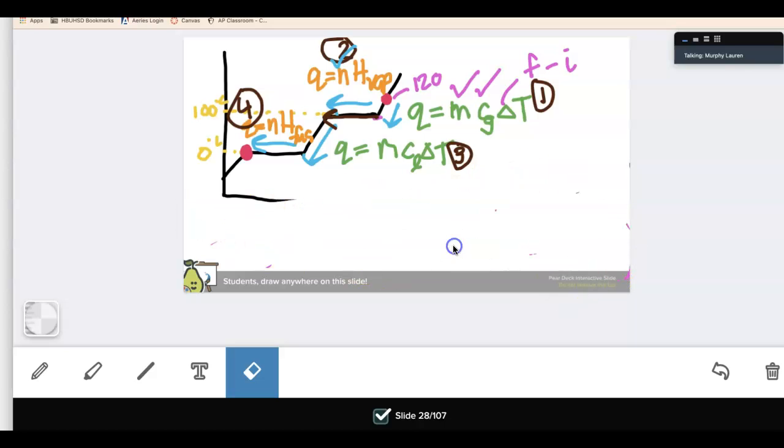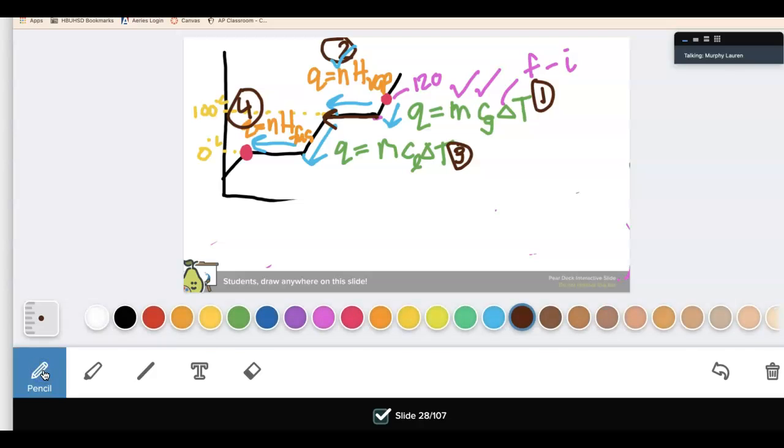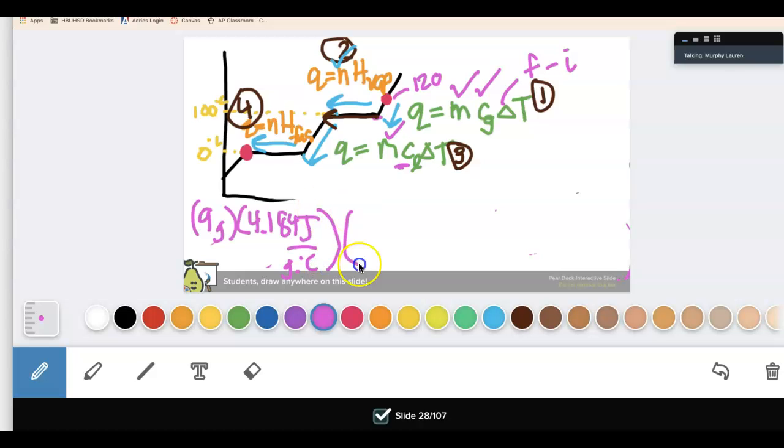So we're going to work on equation 3 right now. So 3 is mass, 9 grams. Specific heat of liquid water is a constant. I've used it so many times, I know it by heart. 4.184 joules per gram degree Celsius.